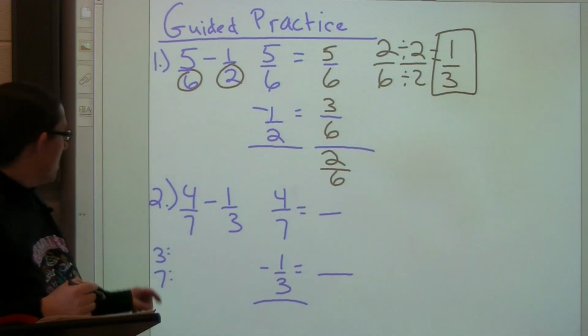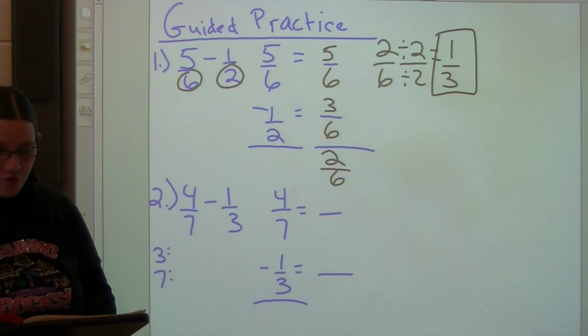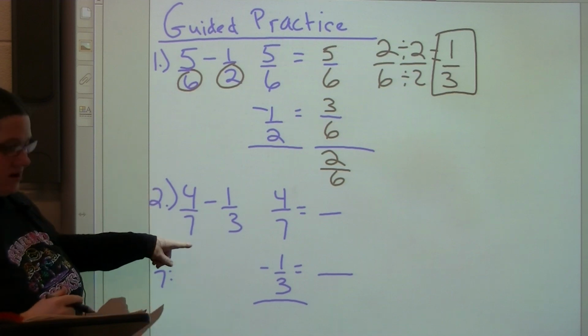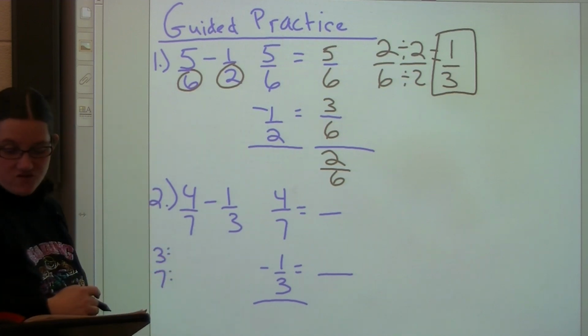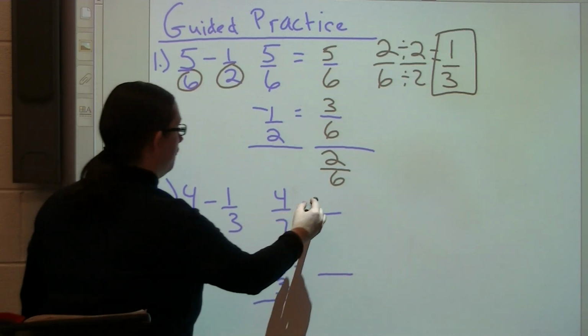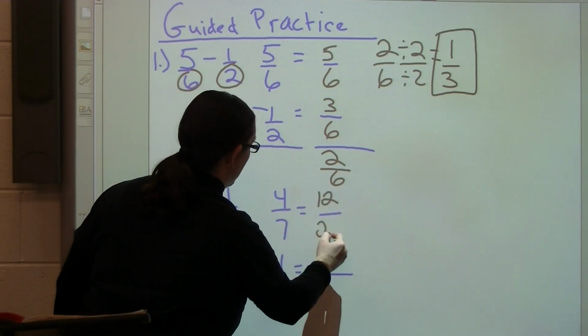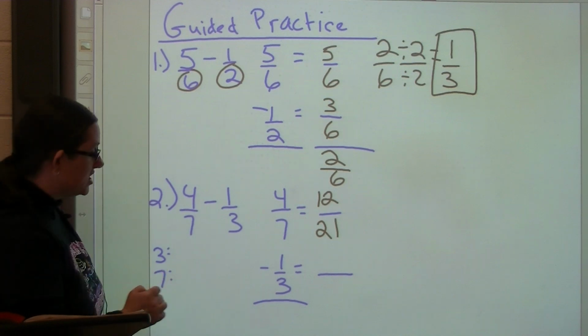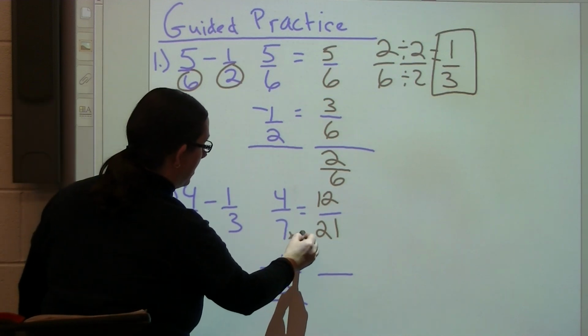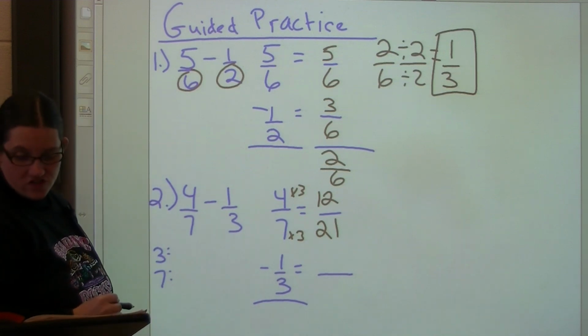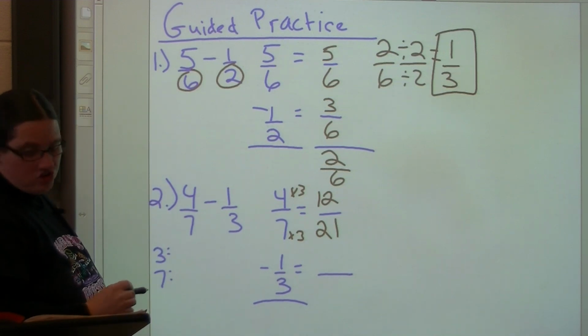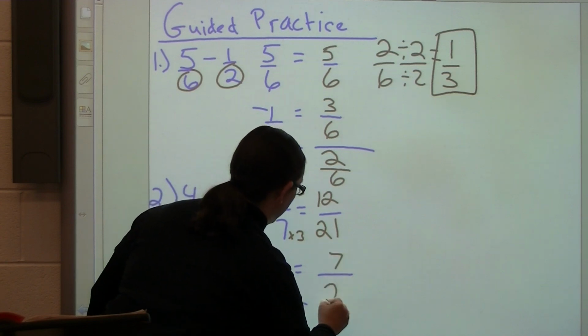Okay, good job. Number 2, they gave you 4/7 minus 1/3, and again they helped you. They changed the fractions and gave you equivalent ones to start. So 4/7 equals 12/21, because you multiplied this by 3, and 1/3 was changed to 7/21.